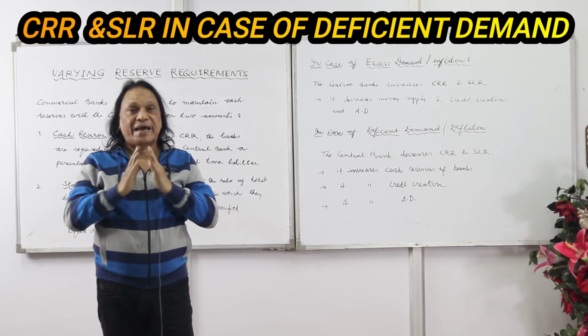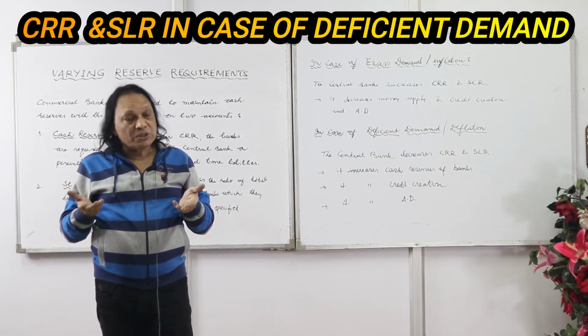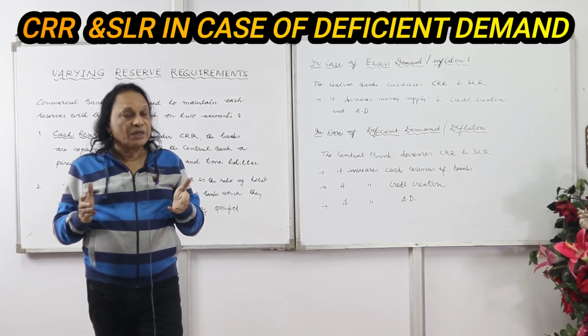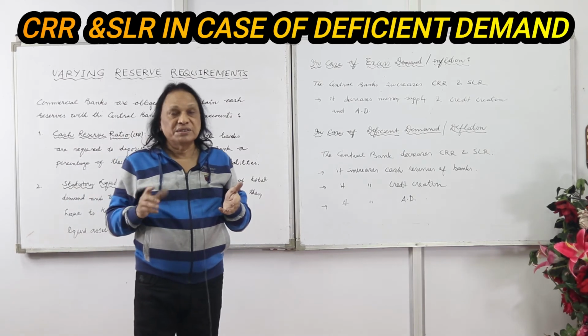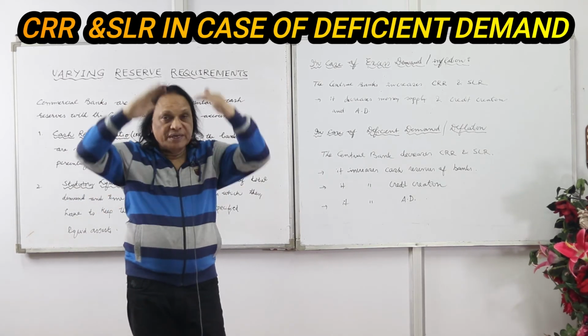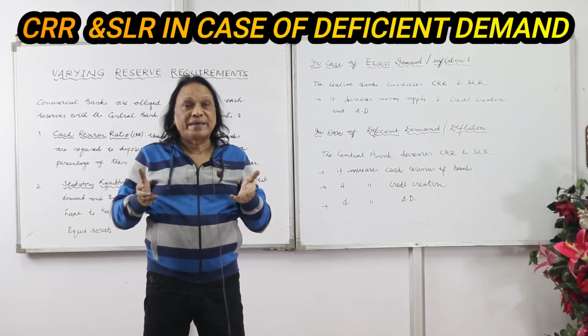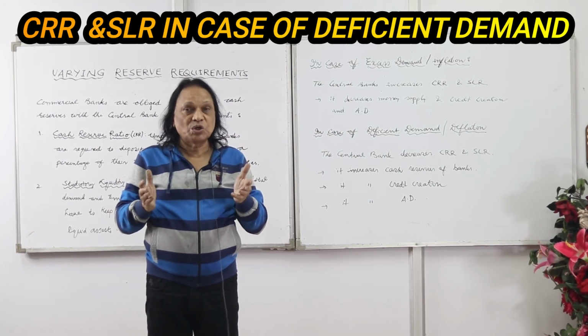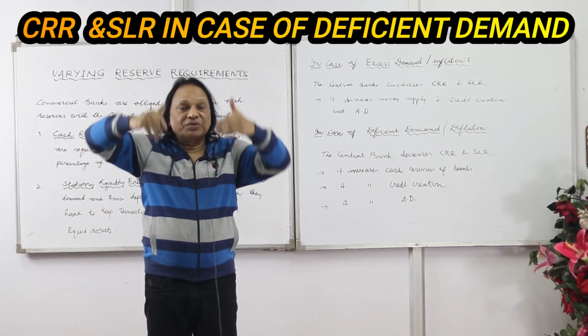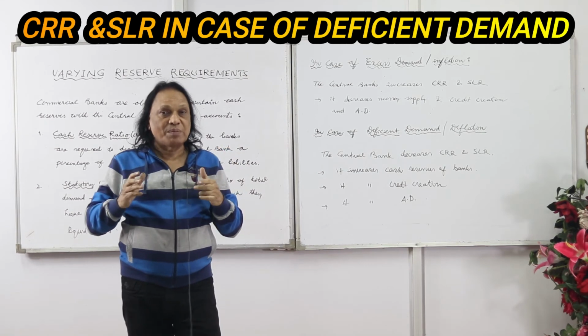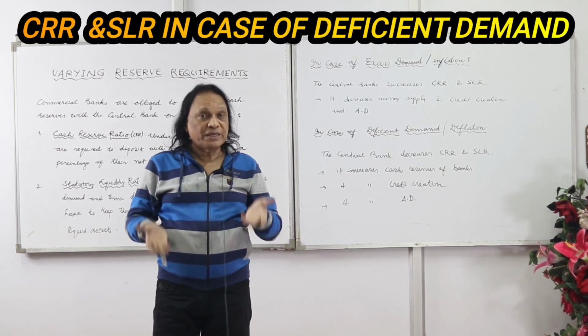They decrease the cash reserve ratio and also they decrease the statutory liquidity ratio. They decrease both CRR and SLR. When they decrease both of them, automatically what happens? The cash reserves of commercial banks will go up. When the cash reserves of commercial banks go up, the credit creation of commercial banks will increase.